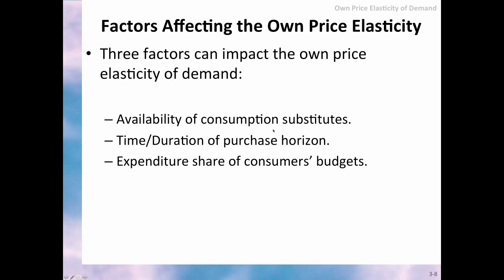Now, a good question to ask at this point is, what determines the value of the price elasticity of demand? Well, we can think of three factors. First, if a good or service has more substitutes, the demand will be more elastic. The demand for gasoline, for example, tends to be inelastic since there are not many substitutes for gasoline. Second, the more time we have to shop, the more elastic the demand.